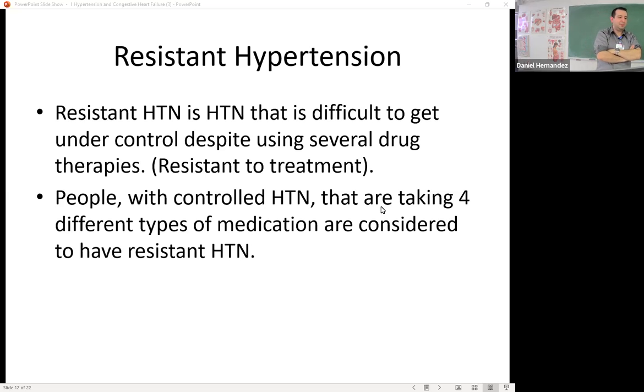So even though your hypertension might be under control, if you're on 4 different types of medications, this is still considered resistant hypertension. Resistant hypertension is hypertension that's resistant to medications and drugs. So even if a patient has it under control, if they're taking 4 or more of these medications, it's considered resistant at that point.